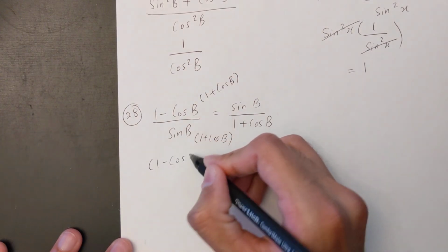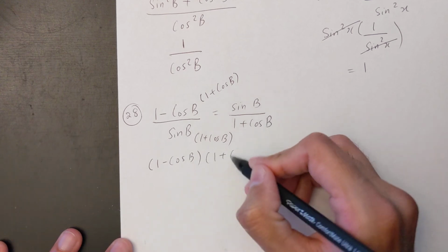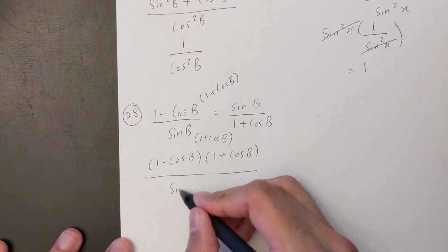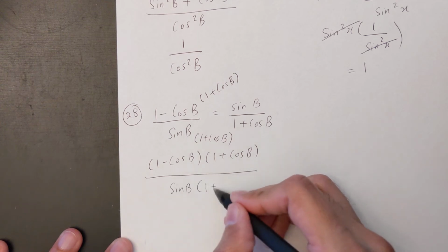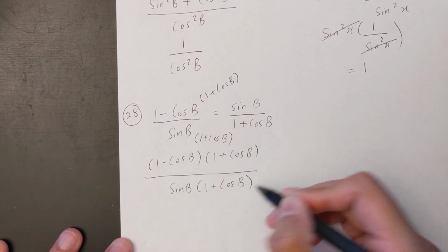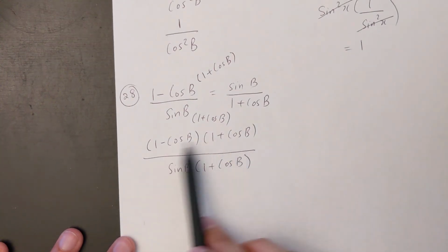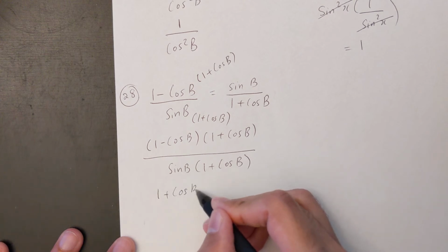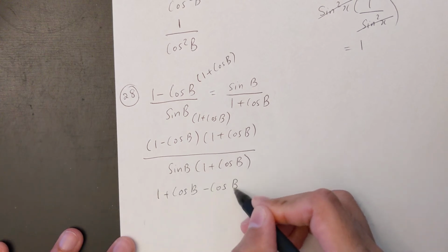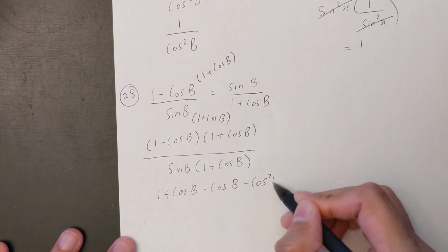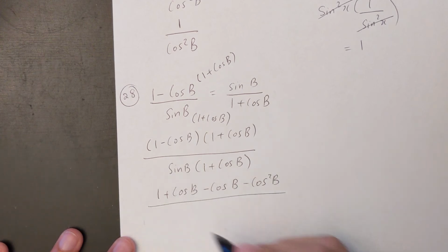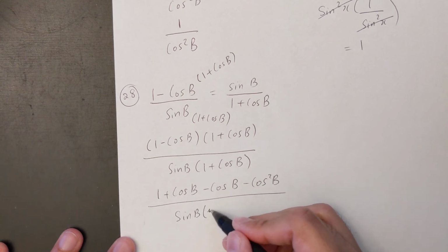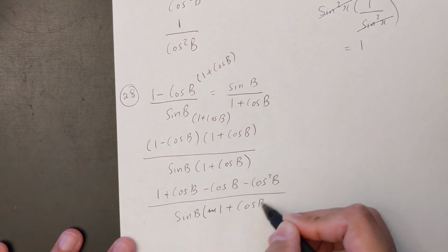So I have 1 minus cos b times 1 plus cos b over sine b times 1 plus cos b. Next you want to FOIL out the brackets on the top, so I have 1 plus cos b minus cos b minus cos square b over sine b times 1 plus cos b.